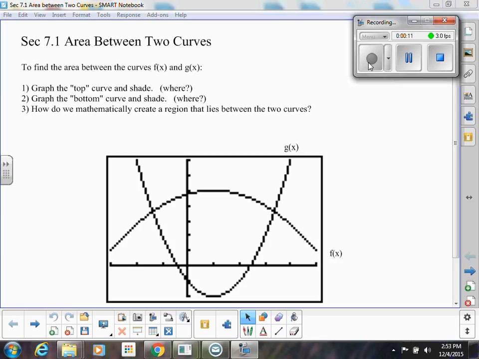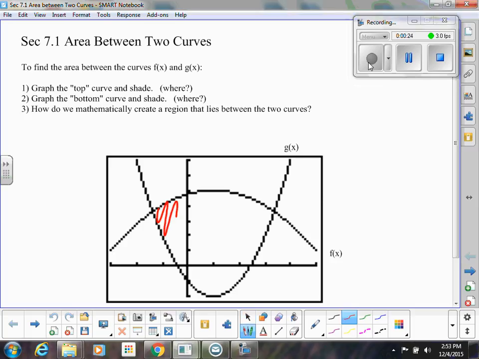So we're talking about area between two curves, and we've already discussed where integration is the area under a single curve. So if we think about, I want to find the area between these two curves, I'm talking about this area in red.